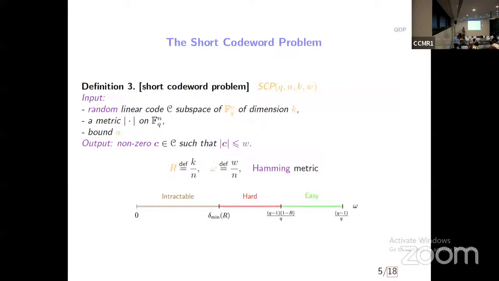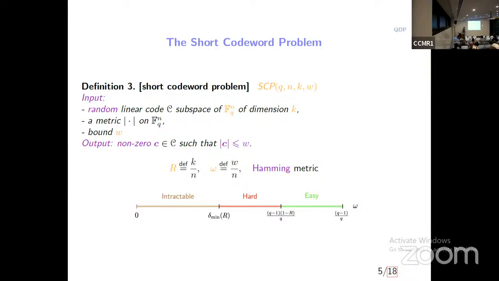Basically, it's this. You choose again a linear code, and you choose some metric. In that case, they chose the infinity metric. I'm interested here in the Hamming metric. The Hamming distance between two vectors x and y is just the number of coordinates in which x and y differ.